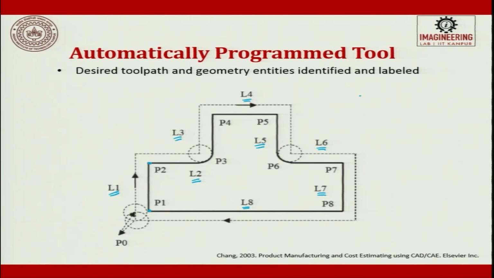So now there are points P1 to P8 and lines L1 to L8. The desired tool path and the geometric entities are identified and labeled. This is the part and it is labeled.